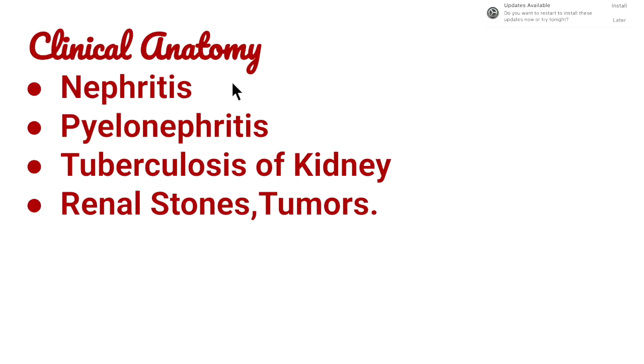Next one, we'll see the clinical anatomy. This is nephritis. Nephritis is inflammation of tissues within the parenchyma of the kidney, like the major and minor calyces. So if there is any inflammation in those tissues of the kidney, that condition is known as nephritis.